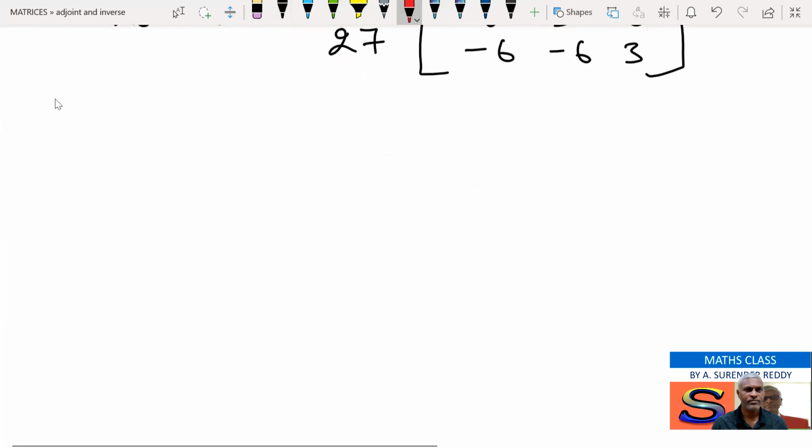This is from your textbook, same exercise, Roman number 2, second question. This is also important, it has come in the exam so many times.